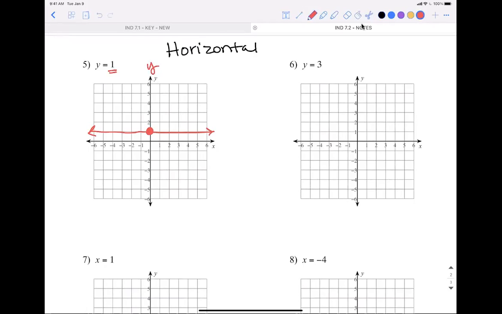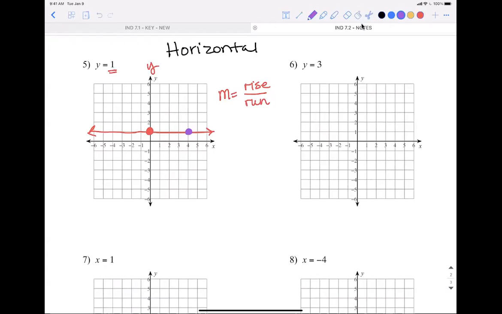And we need to talk about the slope of these special lines. So if we think of slope as rise over run, if I were to put another point on this line, and you can put it anywhere on this line, because you have to have 2 points to think about slope. If I look from my red point to my purple point, what is my rise? 0.